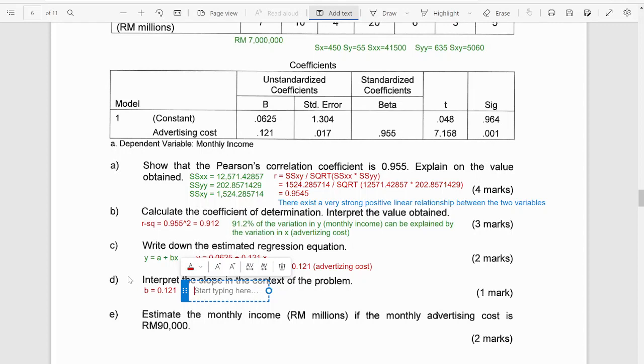So independent variable dia adalah advertising cost kan. So what you can say is for each additional increase in x. So what is x here? Increase in advertising cost.